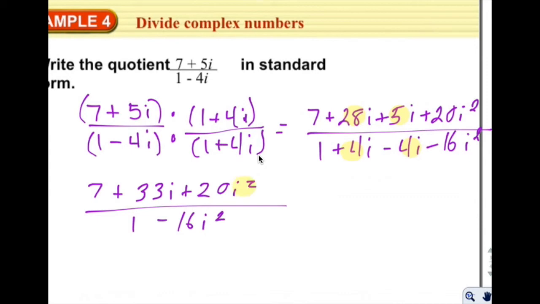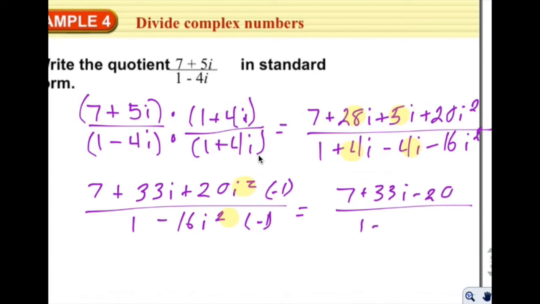Then I'm going to use my i squareds and I'm going to change them to negative ones and simplify in that way. So 7 plus 33i minus 20, because 20 times negative 1 is negative 20, over 1 minus 16 times i squared is positive 16.